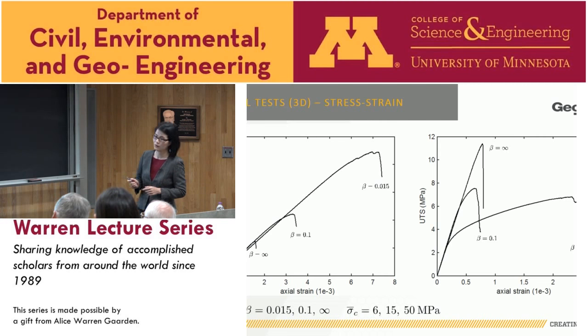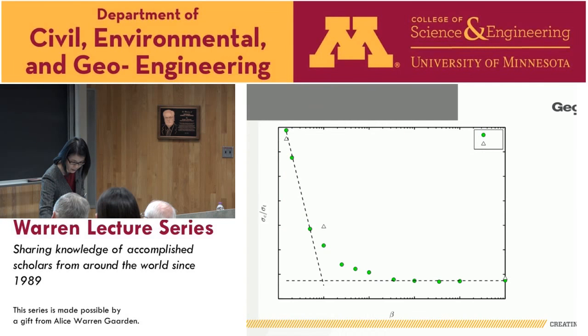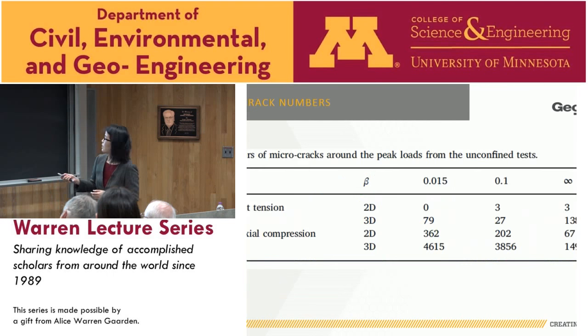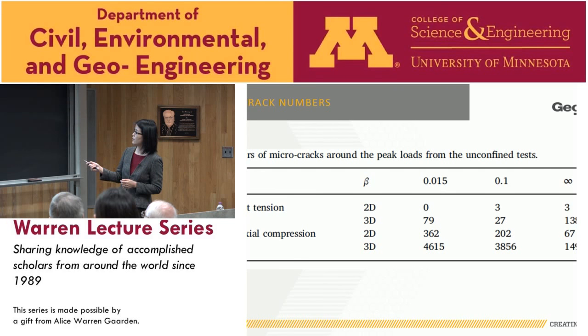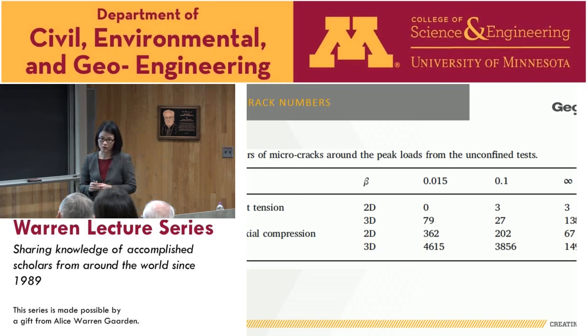So with a lower beta, you see the number of cracks is much larger than the number of cracks for the perfect brittle case. And therefore, it's not surprising to see the compressive strength actually increases when the beta is decreasing and the bond strength is decreasing.